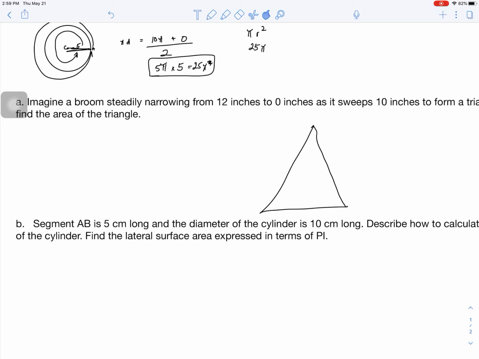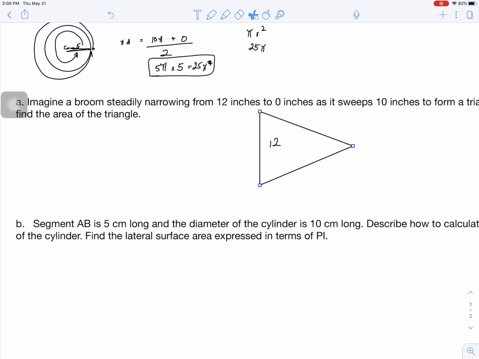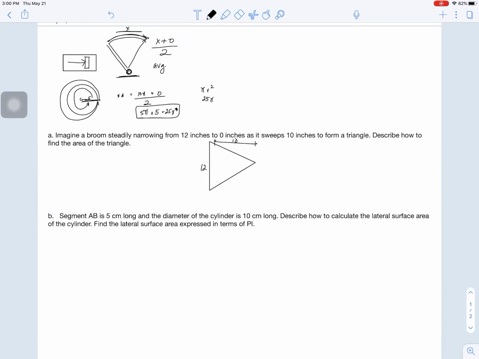Here we have our triangle, and on one side 12 inches, and the other side, our length, is 10. That's how the book is showing it.